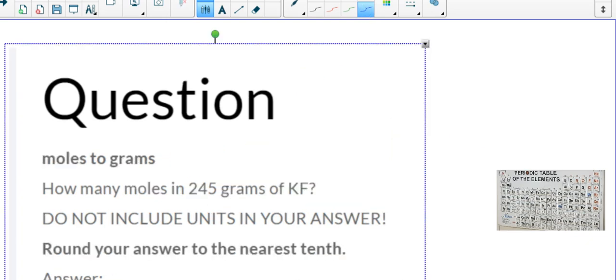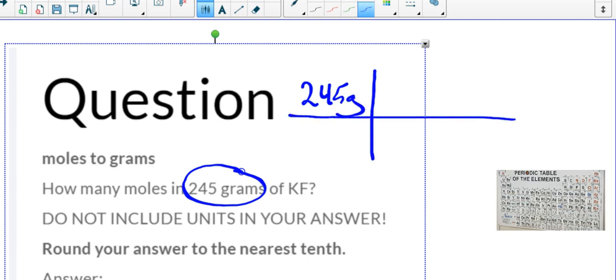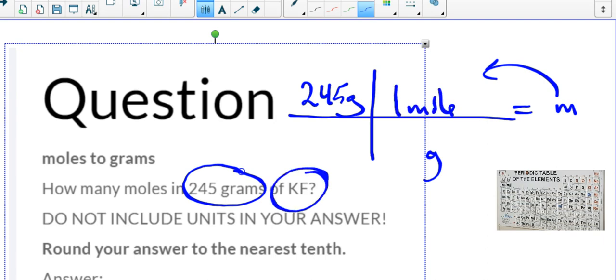Now this final one, it's grams to moles. So we take our given 245 grams, and we're solving for moles this time. Now this unit means grams is there, and grams is always tied per 1 mole. So now I just need to know KF. These are ones I don't have memorized.